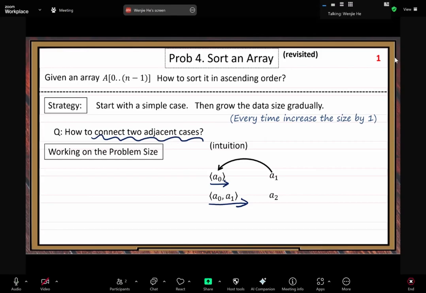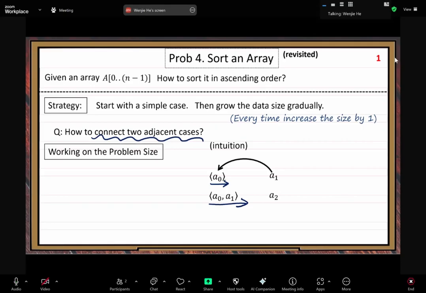So here, you have best case and worst case. The best case, A2 greater than A1, you only need one comparison. You can get the whole array ordered. But most of the time, we want to look at the worst case. So the worst case, you need to do two comparisons.